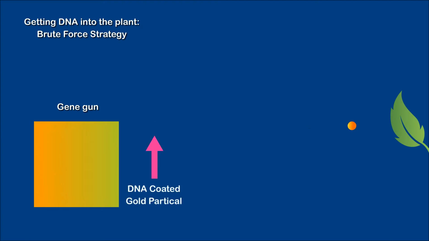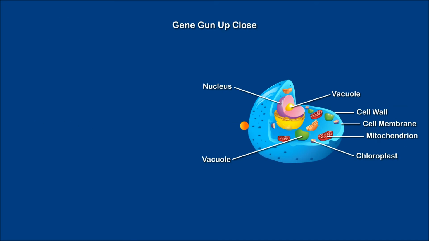The gene gun fires the desired DNA as coated gold particles at the target cells with the hope that some would end up at the right place. Once the DNA is in the cells, they are grown using tissue culture techniques to develop entire plants, which are then transferred to soil and screened and selected for the trait of interest.